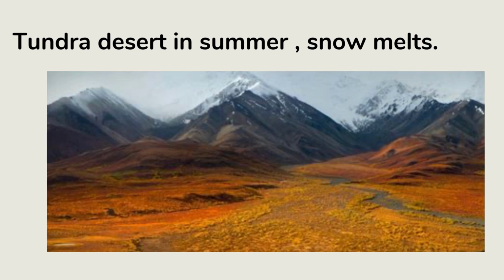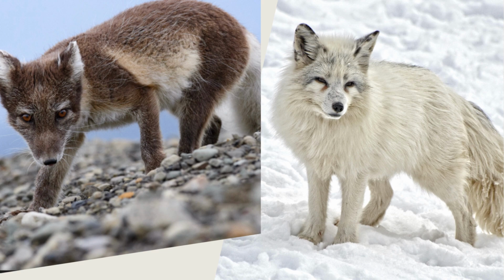As you see in this picture, the surprise here is that the Arctic fox can change its fur color. In winter, when the environment is all covered with snow, it has white fur, and in summer the color begins to change to brown, as the environment changes after the snow has melted.